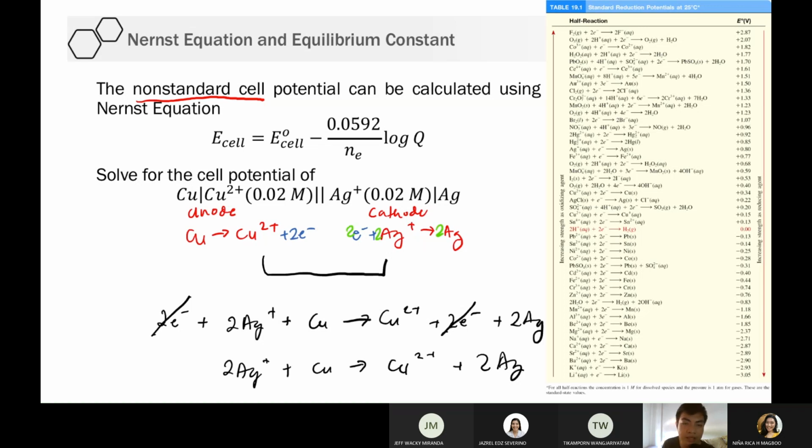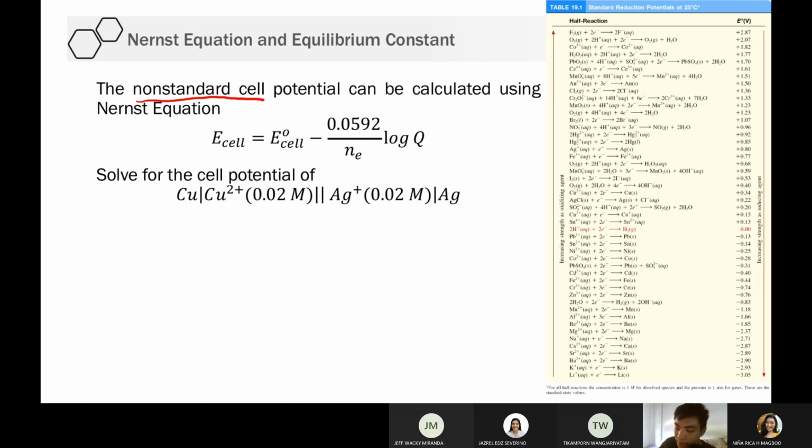What I did is just balance the equation. Let me rewrite that here: copper plus 2 Ag plus producing copper 2 plus and 2 Ag. Now we have our balanced equation, and then we can use the Nernst equation.